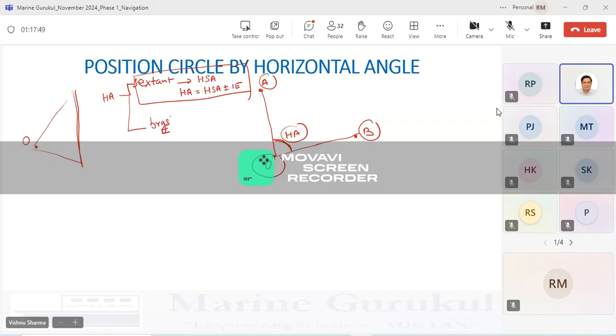Now, these bearings may be true bearings, magnetic bearings, compass bearings, or relative bearings. They may be any of these. Of course, if true bearings are there, then you don't need anything; you can directly get the position. But if you get other types of bearings also, whether it is gyro, you can get the horizontal angle. I'll show it to you now. For example, let us say this is the compass north.